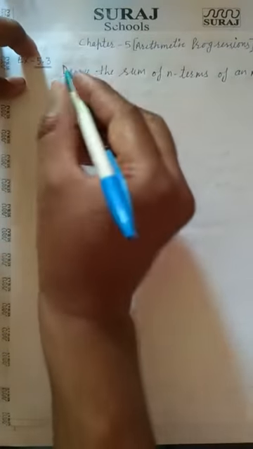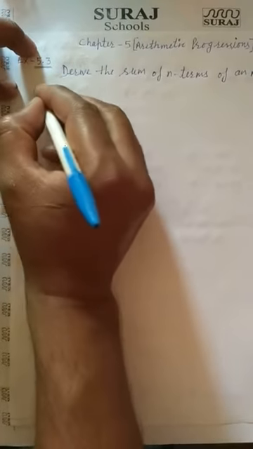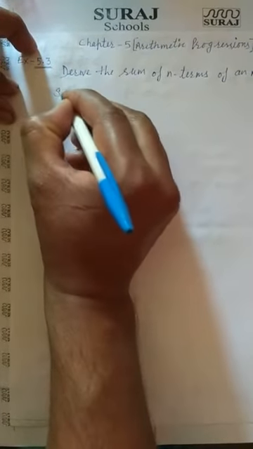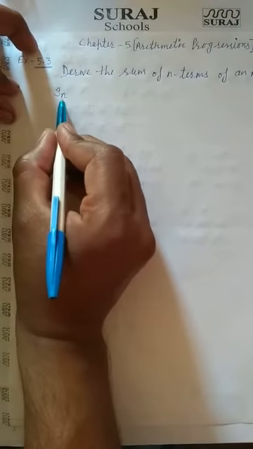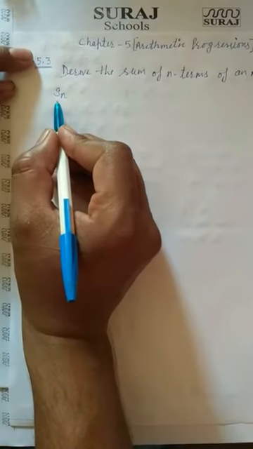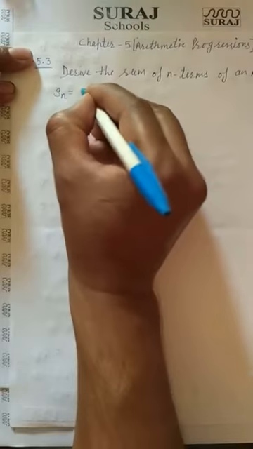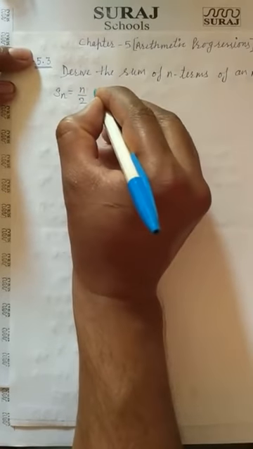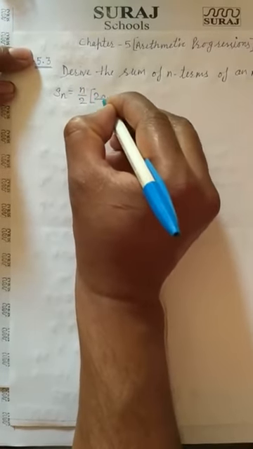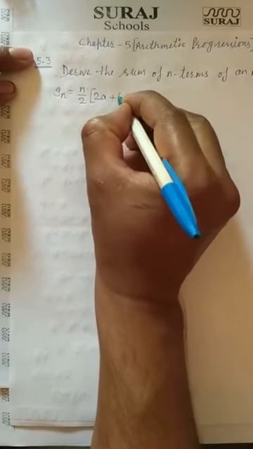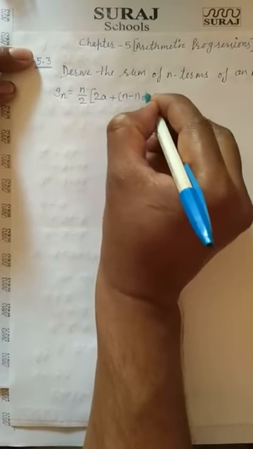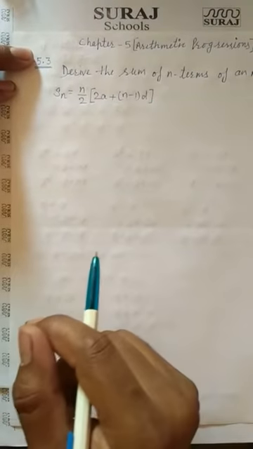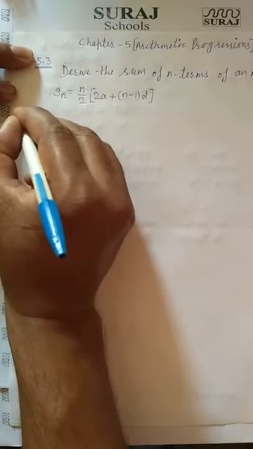Okay, students, let's start the derivation. Sn, the sum of n terms, is equal to n upon 2 into the bracket 2a plus (n minus 1) into d. That is the formula for the sum of n terms of an AP. Okay, students, let's start the proof.